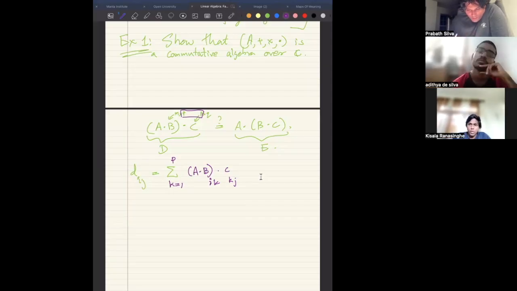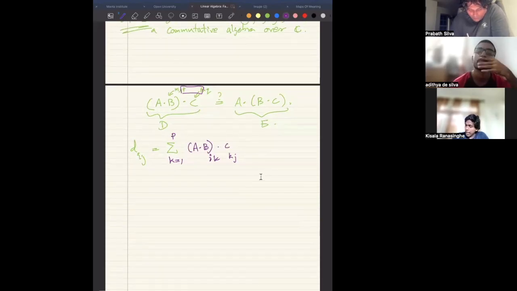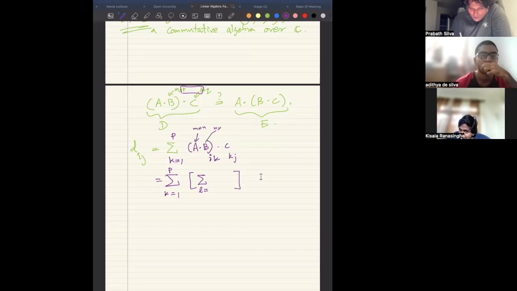Now the ik-th entry of the matrix AB is simply, so this is going to be the sum, l equals, so this is a matrix m by n, and it's a matrix n by p, right?